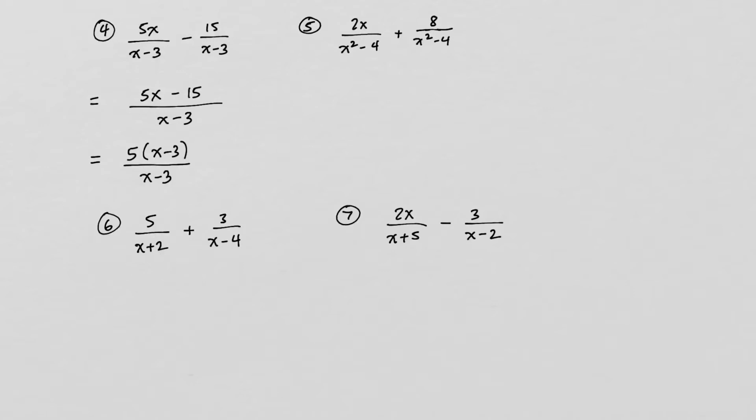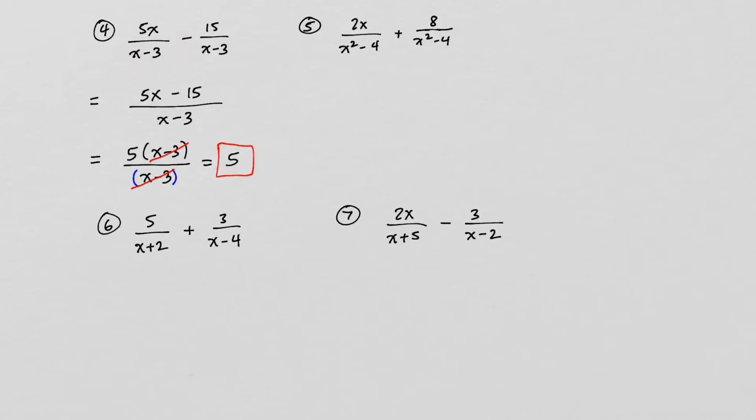And those x minus 3's will cancel out. And if it makes you feel a little bit better, you can put parentheses around the x minus 3 in the denominator. And when those cancel out, we simply get 5. So what this is saying in this example is that no matter what value of x you plug into this expression, when you subtract these two numbers, you will always get the number 5.